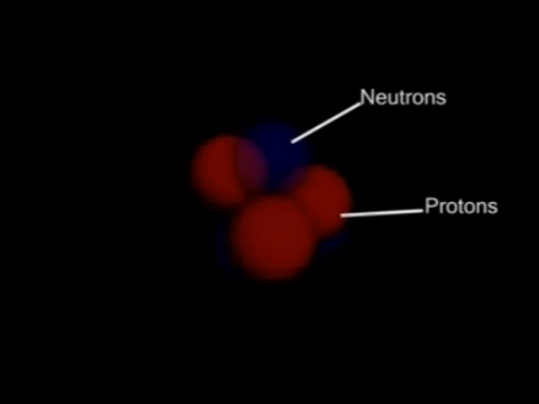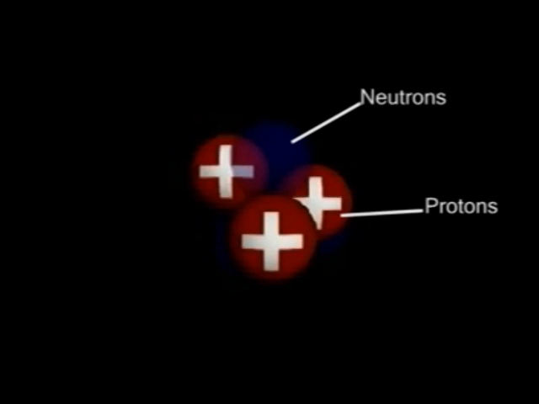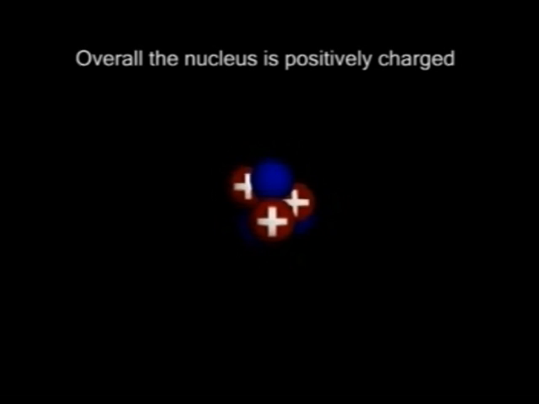In the center of an atom is the nucleus, and this consists of even smaller subatomic particles called the protons and the neutrons. The protons are positively charged. The neutrons are as heavy as the protons and carry no charge. This means that overall, the nucleus is positively charged.